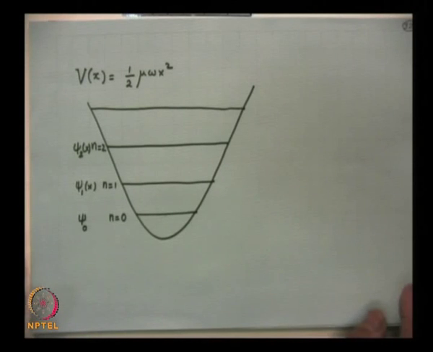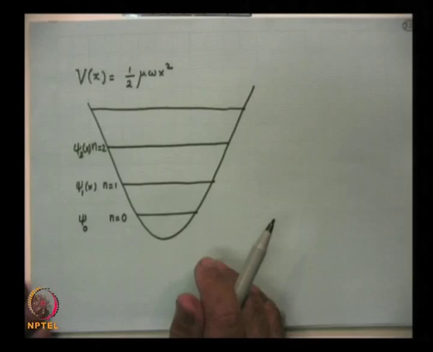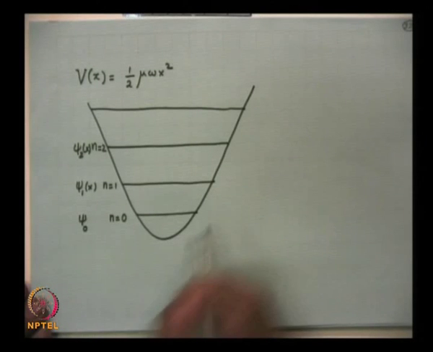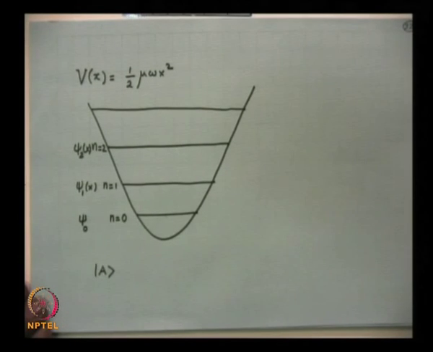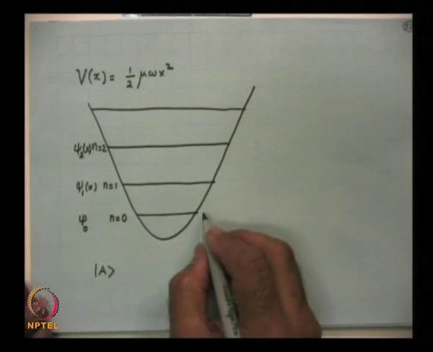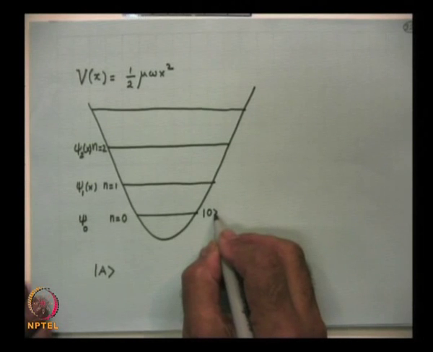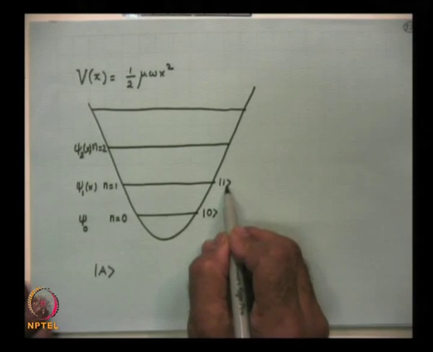Now, what Dirac said was, each state of a dynamical system is represented by a ket vector, and we denote this by a ket like this. So, this state I denote by ket 0, this state by ket 1.